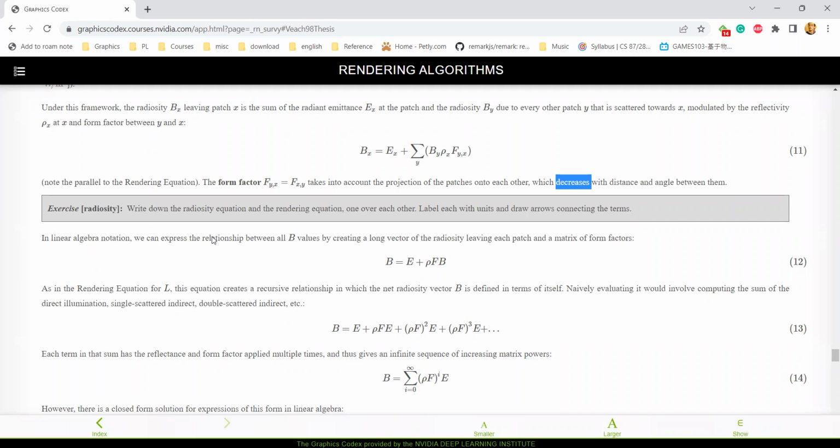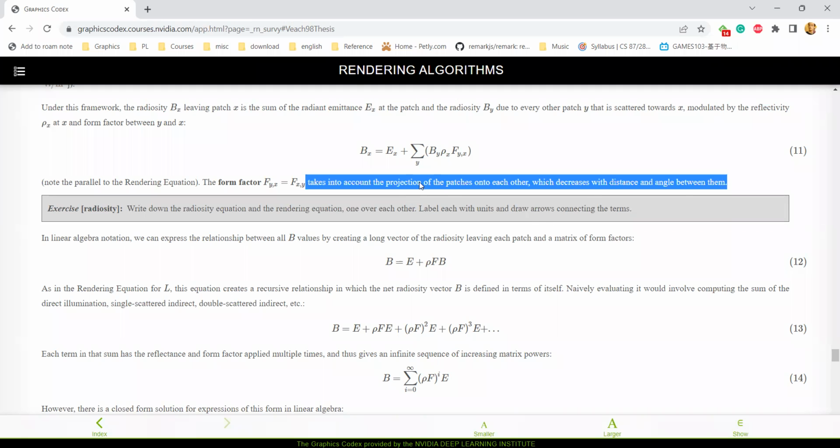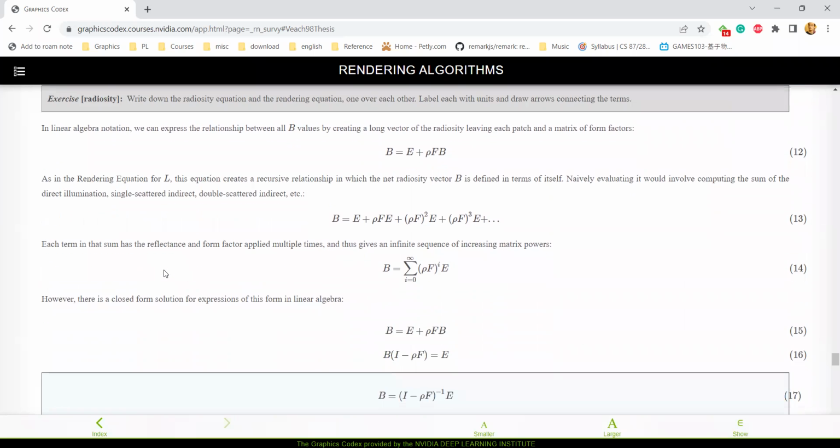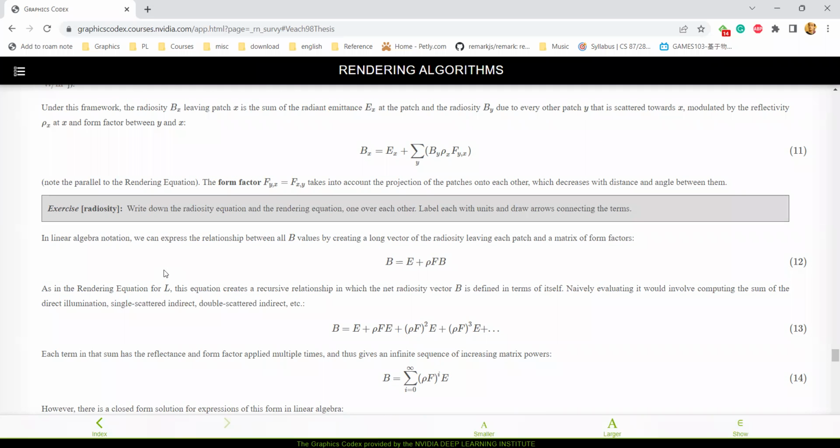In linear algebra notation, we can express a relationship between all B values by creating a long vector of the radiosity leaving each patch and the matrix of the form factors. Could you do the visibility in that form factor? Yeah, probably. I mean, you could say that it's part of that value. What's F? I think that's the form factor, right? Oh, right. Okay.